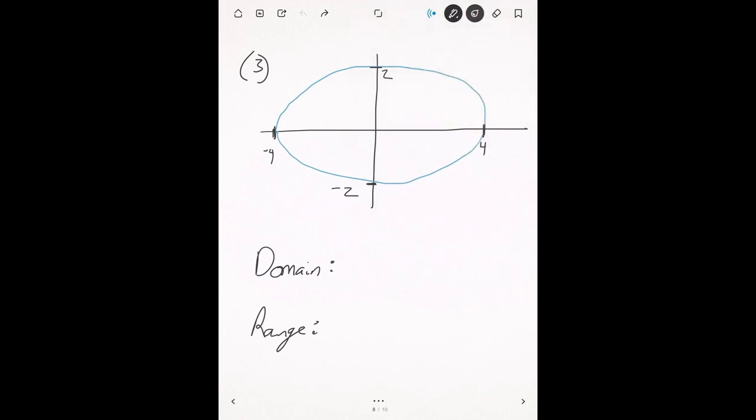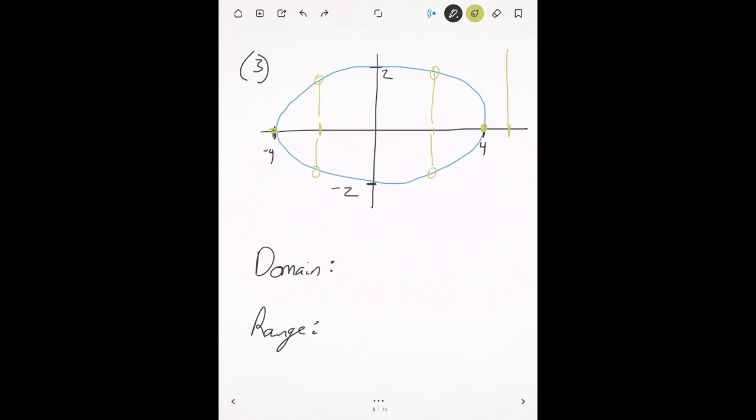Okay. If I was looking at the domain of this, again, I'm trying to find, if I pick an x value, will it give me a coordinate point? Well, this x value does, and it looks like this x value does. Okay. And even the point when x is 4 or -4, I get a coordinate point there. But as soon as I come over here, I no longer have a point.